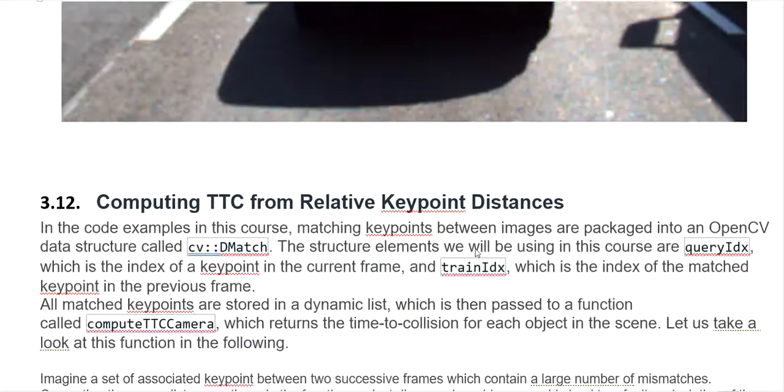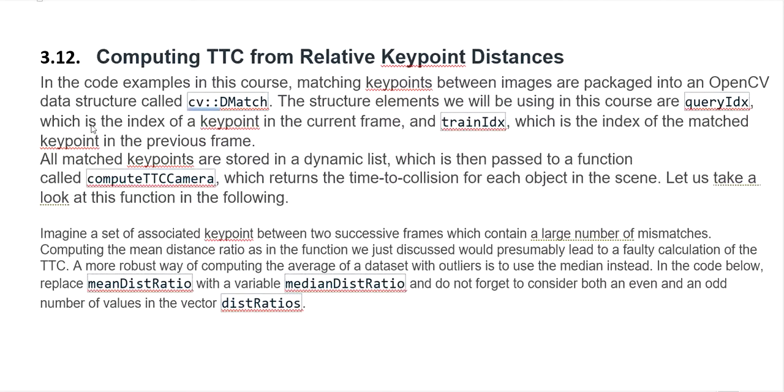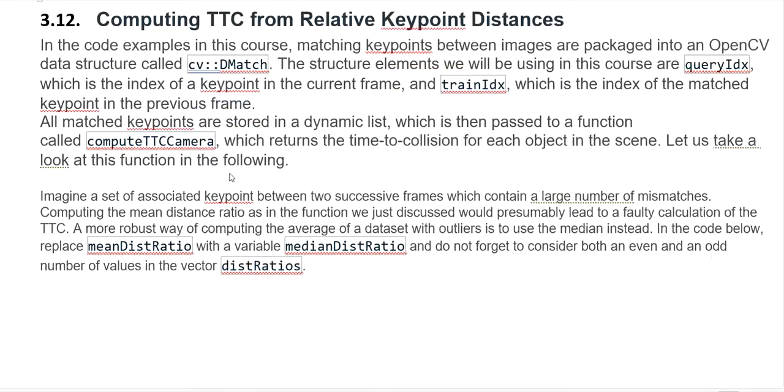So next time you will see in the code we'll use the package in OpenCV called DMatch, or the structure elements we'll be using in this course, along with some parameters you will see next time. The matching key points are stored in a dynamic list and passed to the function computeTTCCamera, and they return the time to collision.